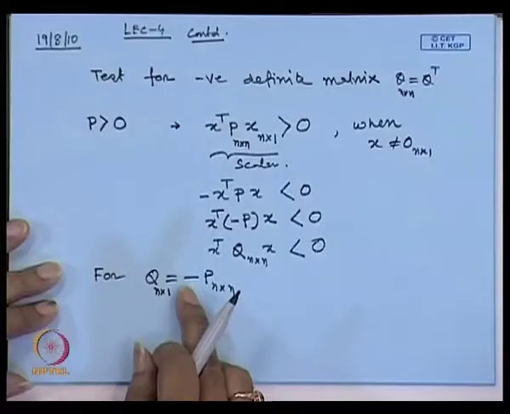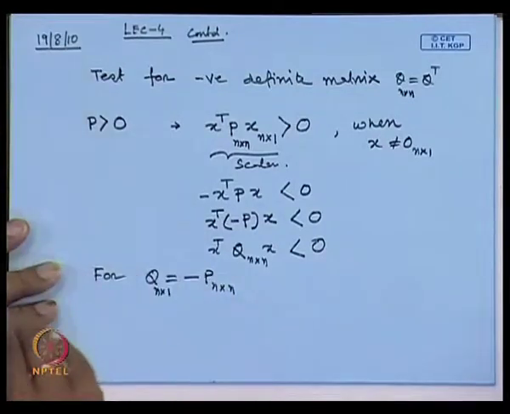Now, since it is multiplied by minus 1, all the diagonal elements will be negative and non-zero numbers.